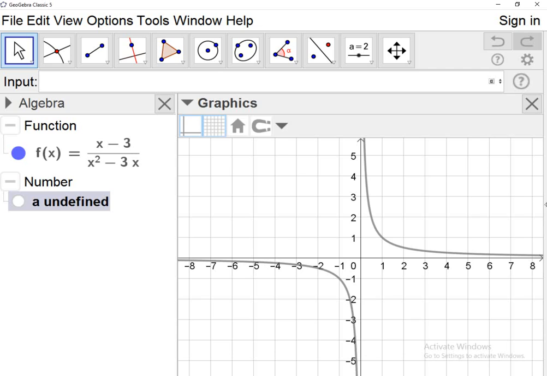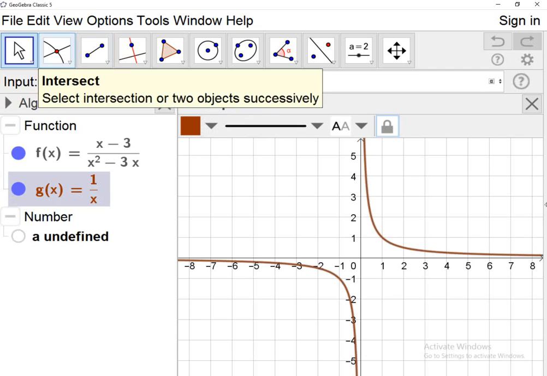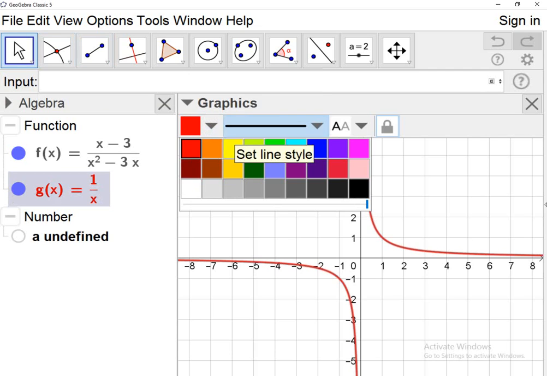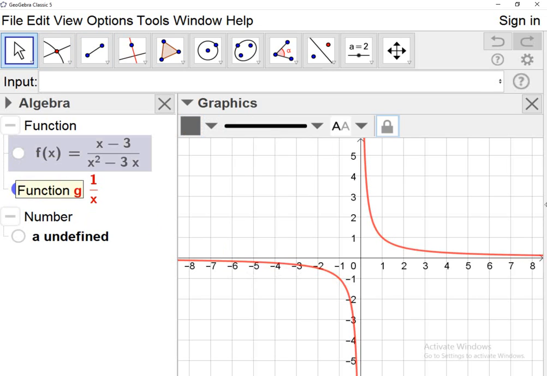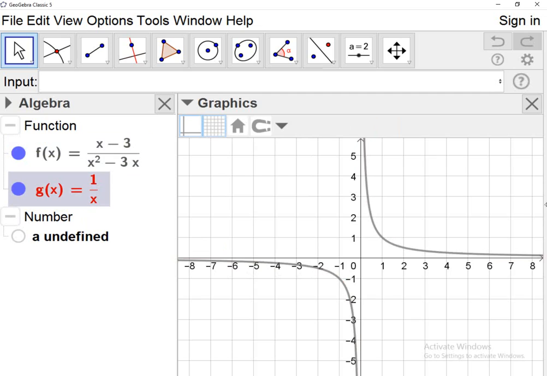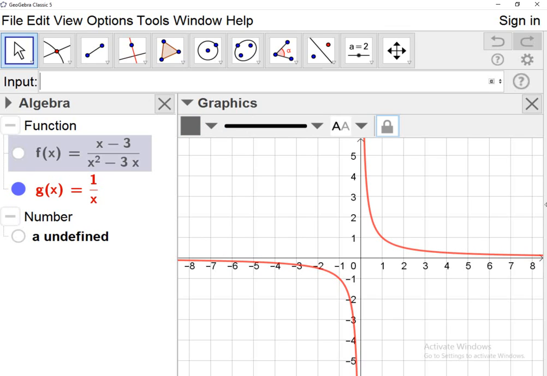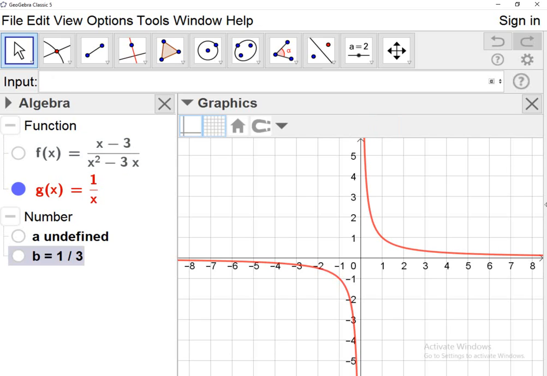Now if I graphed 1 over x, I get that red function. Is that red function the same as the gray one? Looks the same, right? Okay. But on the red one, if I ask what G of 3 is, you see there it gives me back 1/3.